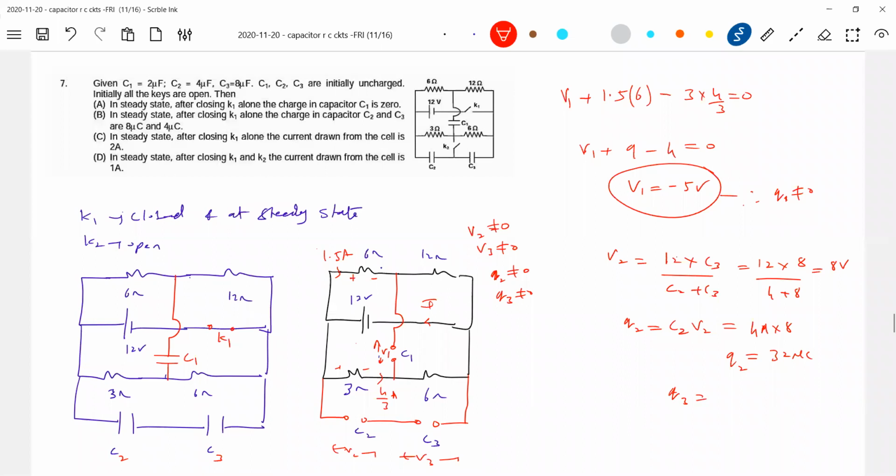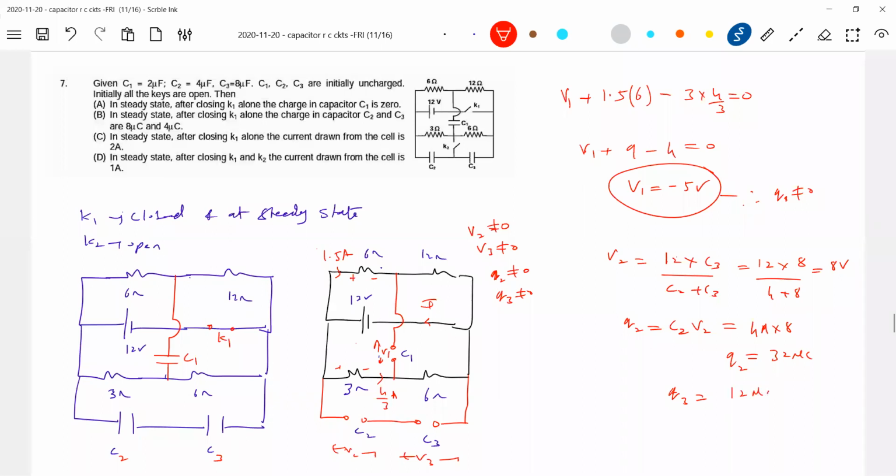In steady state, after closing K1 alone, the current drawn from the cell is how much, I? Q3, anybody? Q3 will be 4 into C3. 4 into 8 will be 32.